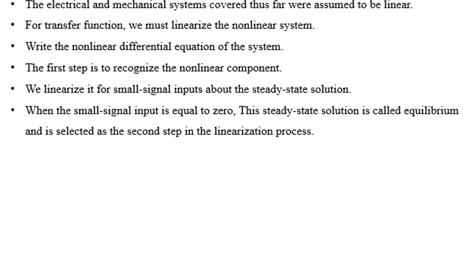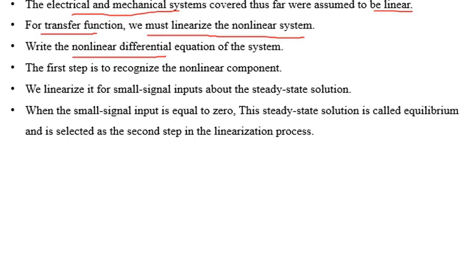Dear students, now we will start the linearization process to find the transfer function for a system. The electrical and mechanical systems we have studied so far, we assumed these are linear systems because a transfer function exists for linear systems only. Now to find the transfer function for a nonlinear system, we must linearize it.